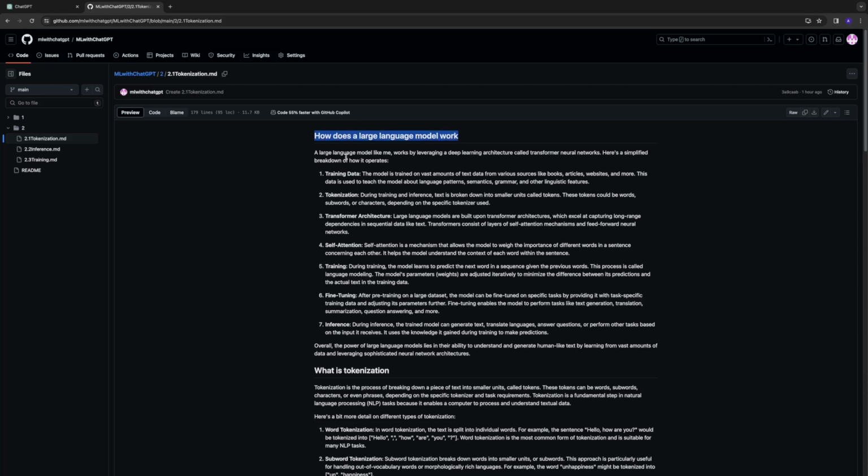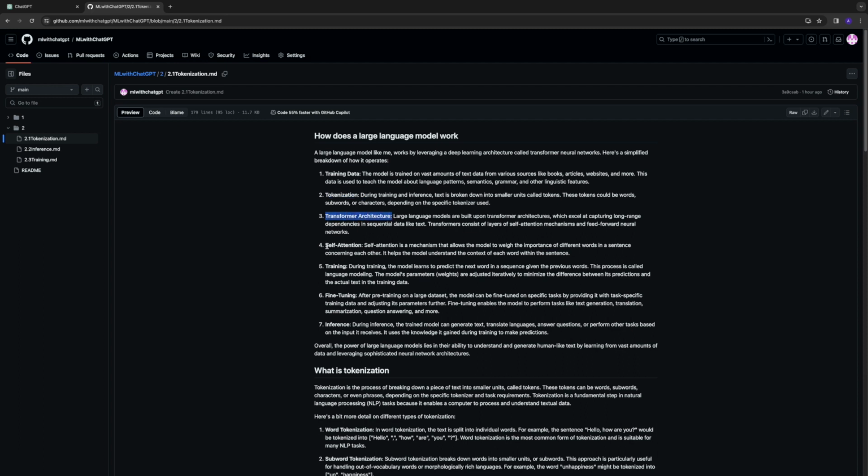So let's take a look at how the large language model works. First we have training data, and we need to do tokenization, and we need a model with a transformer structure.